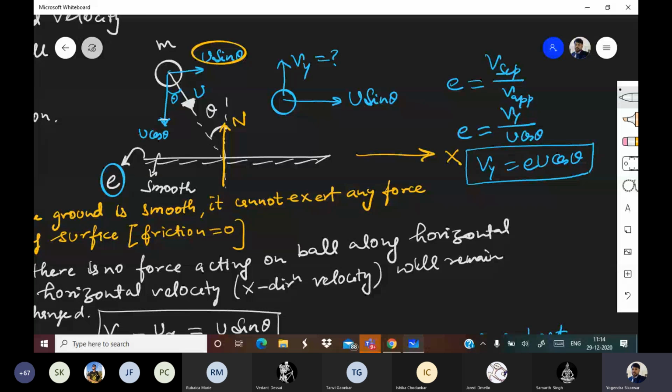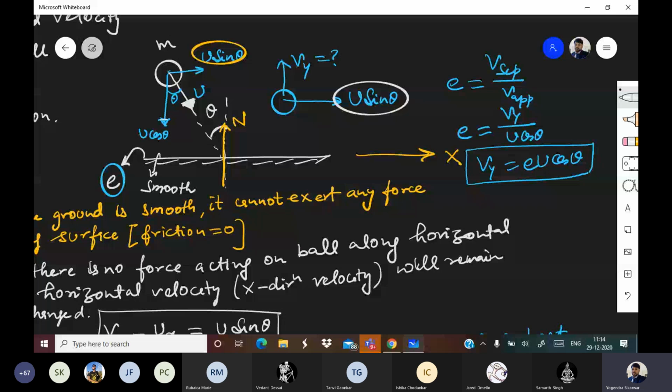As the ground is smooth, it cannot exert any force along it. Why? Because friction is the only force which can act along the ground, and the ground is smooth, so it cannot exert friction. So u sin theta will remain unchanged, and it remained unchanged. You can see here, u sin theta remained as u sin theta. What changed? u cos theta.